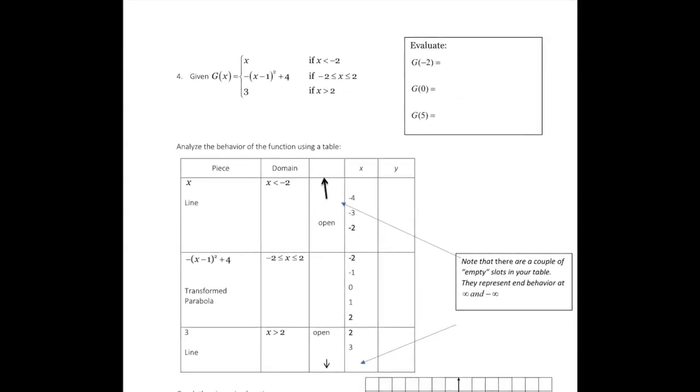Okay, so let's do this next one, number 4. And this one has 3 pieces. The middle piece is a parabola. So let's see if we can get that done. So I'm going to change the colors again. So go green first. So this is green. It has to be less than negative 2.